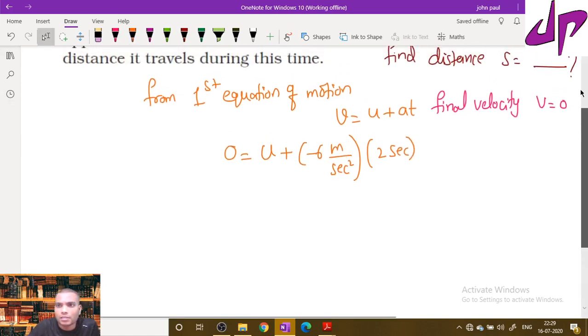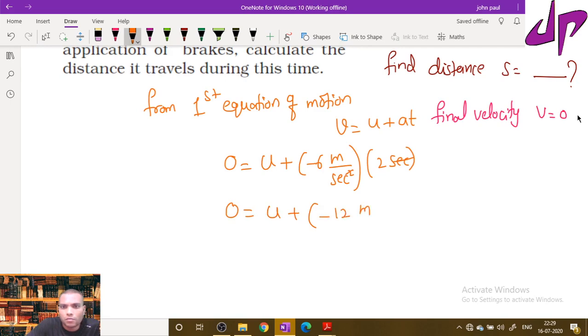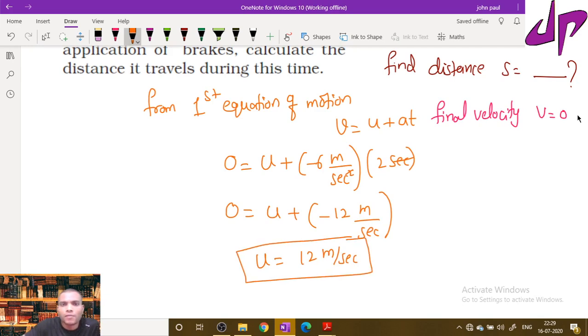When you cut 1 second in 1 second square, therefore 0 equal to u plus of minus 6 2s are 12 meter per second, and you send this value to the other side, so it becomes plus. Therefore u equal to 12 meter per second. Now I got the value of initial velocity.